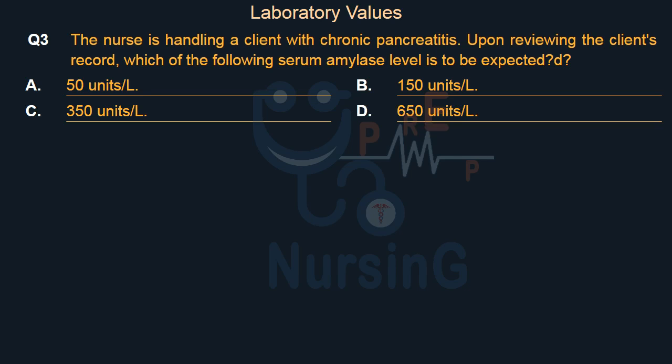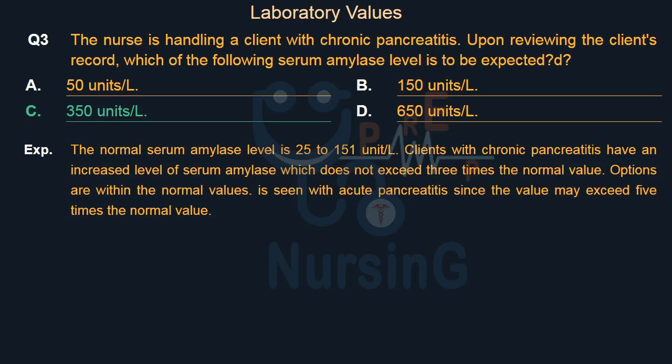Right answer is Option C, 350 units/L. The normal serum amylase level is 25 to 151 units/L. Clients with chronic pancreatitis have an increased level of serum amylase which does not exceed 3 times the normal value. Other options are within the normal values or are seen with acute pancreatitis, since the value may exceed 5 times the normal value.